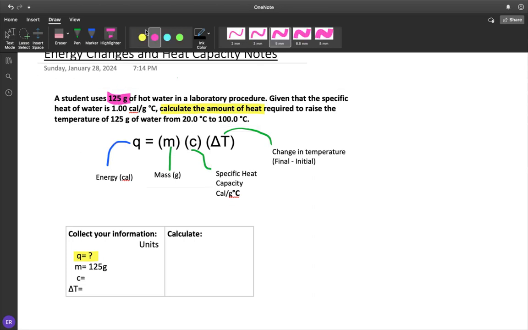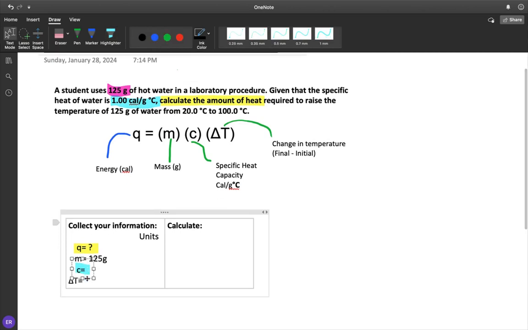I'm going to highlight this in a different color. This is my little c. Remember, it's the combined unit, and we have 1.00 cal over gram degrees Celsius.